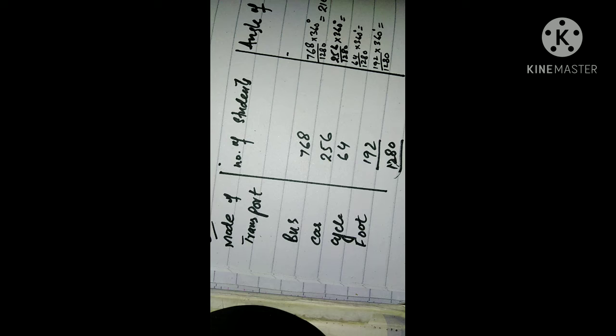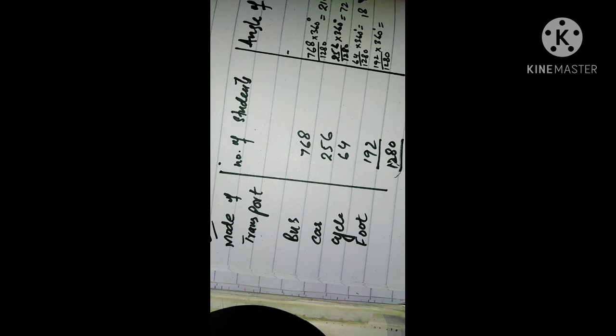I have written the data. 256 divided by 1280 multiplied by 360 is equal to 72 degrees. In the same way, 64 divided by 1280 multiplied by 360 gives 18 degrees. And 192 divided by 1280 multiplied by 360 gives 54 degrees. Students, when you add all these four angles, they are equal to 360 degrees.